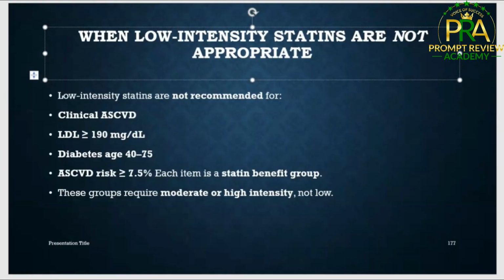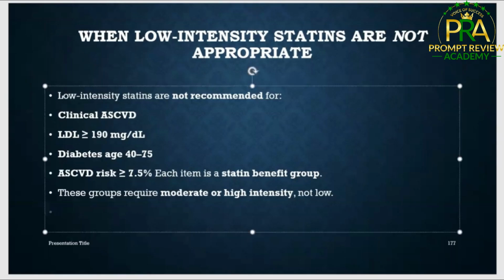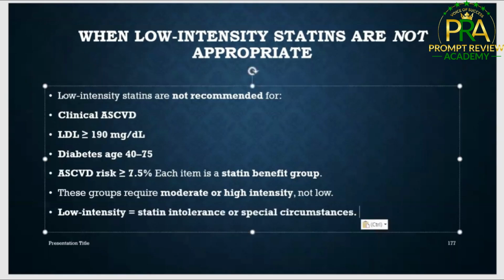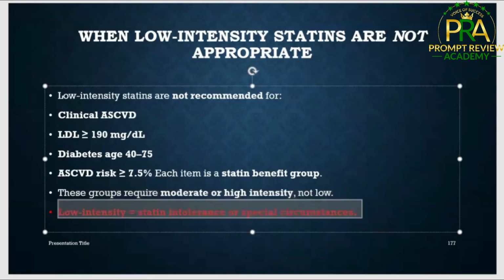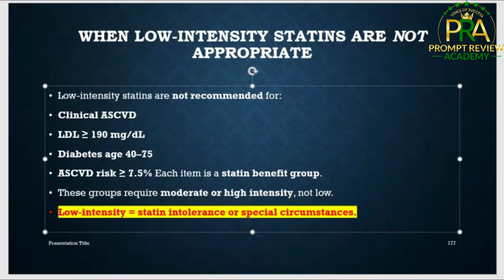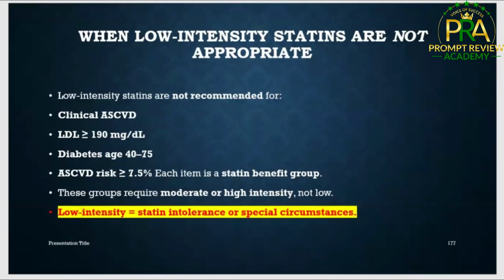Let's say you started them on low intensity and the patient develops a stroke. They are going to look at the dosage of what they are getting, and if the dosage is very low, it's the same thing as when you talk about patients with vitamin D deficiency: you give them a low dosage, and the patient ends up falling and fracturing one part of their body.